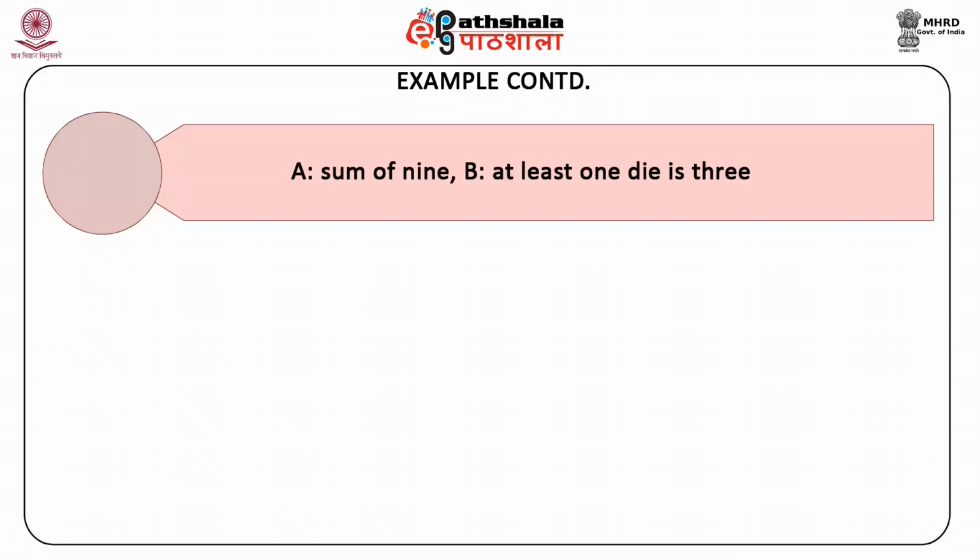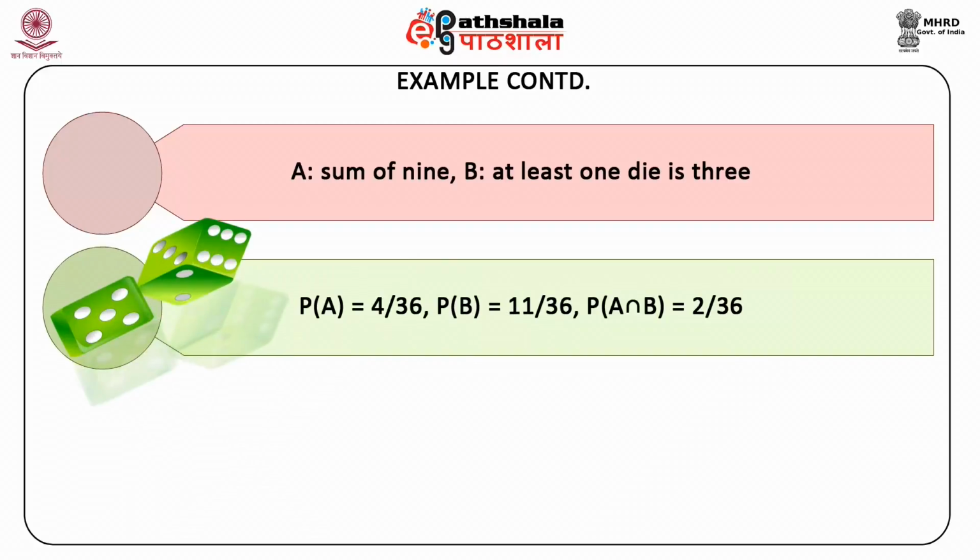Therefore, the total outcomes are 1 3, 2 3, 3 3, 4 3, 5 3, 6 3, 3 1, 3 2, 3 4, 3 5, and 3 6, which are 11 in number. Hence, probability of B is equal to 11 upon 36. Thus, probability of A intersection B is equal to 2 upon 36.